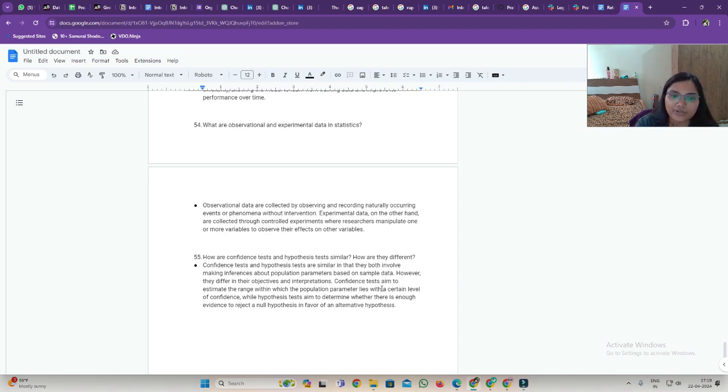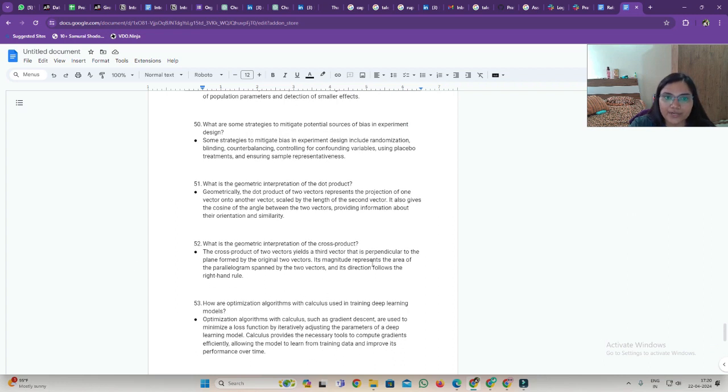However, they differ in their objectives and interpretations. Confidence tests aim to estimate the range within which the population parameter lies with a certain level of confidence, while hypothesis tests aim to determine whether there is enough evidence to reject a null hypothesis in favor of the alternative hypothesis.